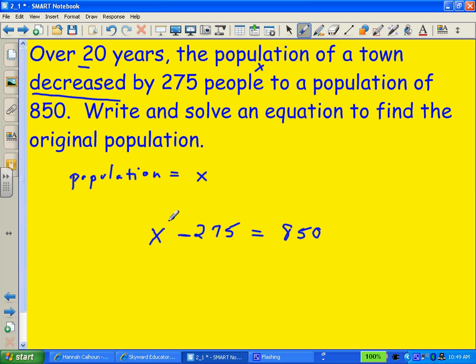So I have to solve that. So what I'm going to do is, again, find my variable. It's x. What's happening to it? Minus 275. What's the opposite of subtraction? Yep, addition. I heard you all say it. Thank you. So I'm going to add 275 to both sides.